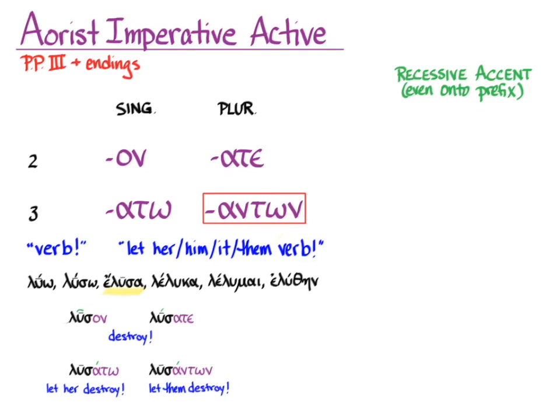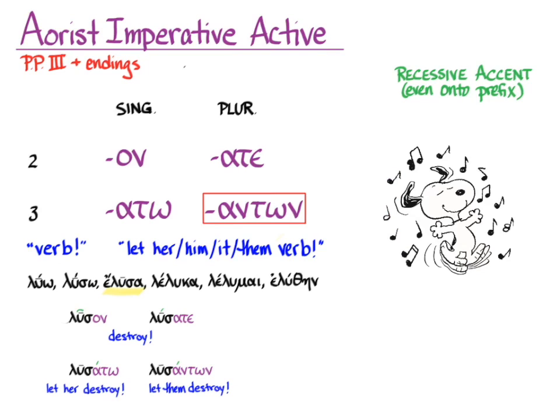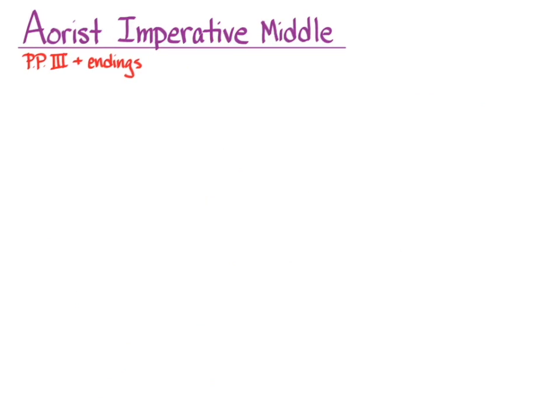Now you notice I have all this white space on the right because of all that space I saved for the contract verbs, but we're not in the present tense anymore, and the aorist doesn't have contract verb exceptions, so we don't have to do them. Let's move on then to the aorist imperative middle.